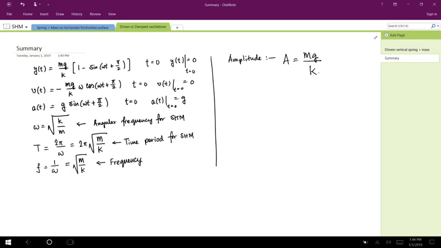And note that after a long time, when the sine part of this y as a function of t becomes 0, we will find that y as t goes to infinity, very long time later, is equal to mg over k. That's our equilibrium position.